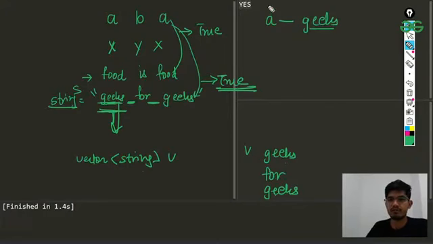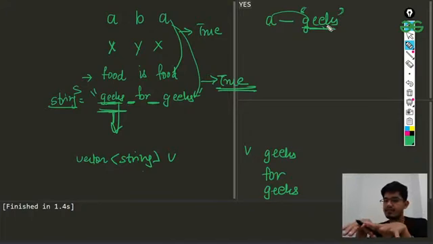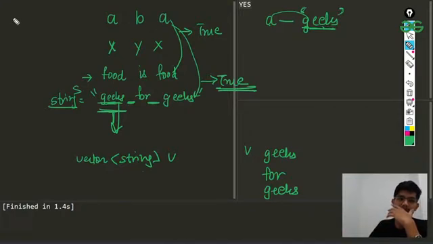And then I'm going to say that a is mapped with the geeks. Then I'm also going to update another structure, a set, where I can store values, which will tell whether this value is already present or not. For example, now the set is empty.